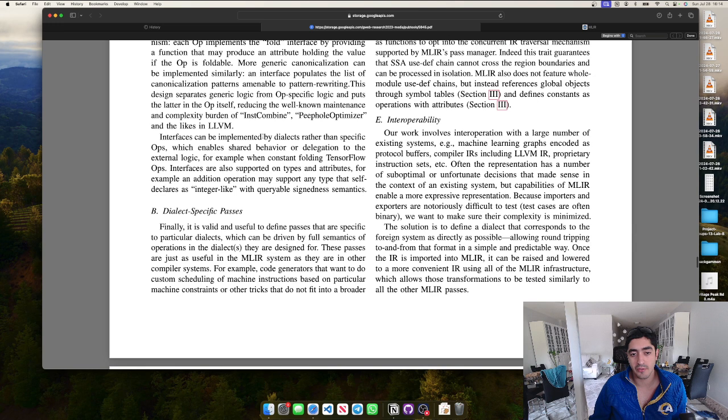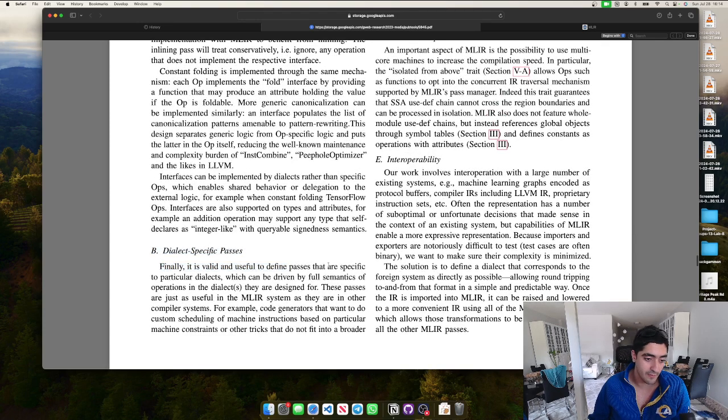Interfaces can be implemented by dialects rather than specific operations, which enables shared behavior or delegation to external logic. For example, when constant folding TensorFlow operations, interfaces are also supported on types and attributes. For example, an addition operation may support any type that self-declares as integer-like with queryable signedness semantics.